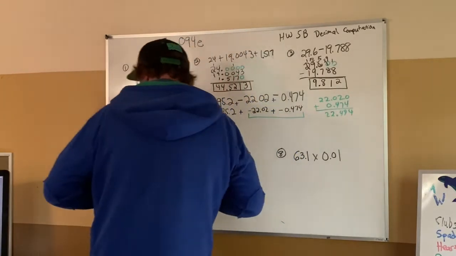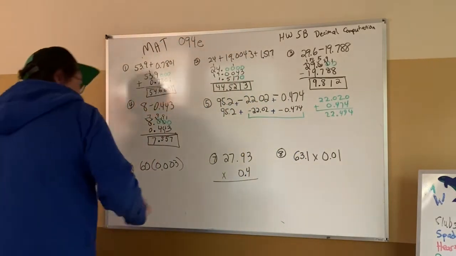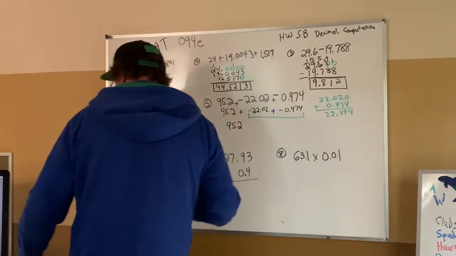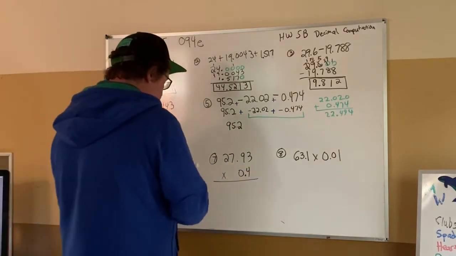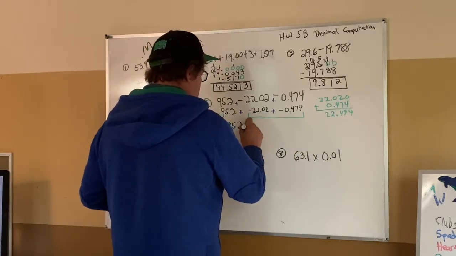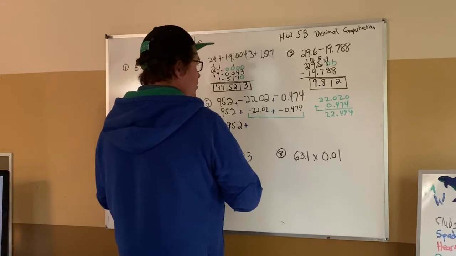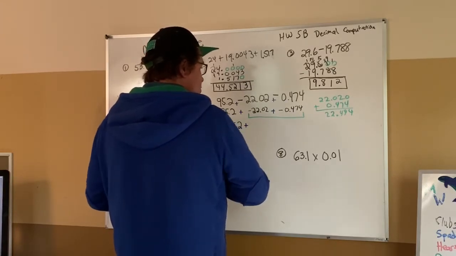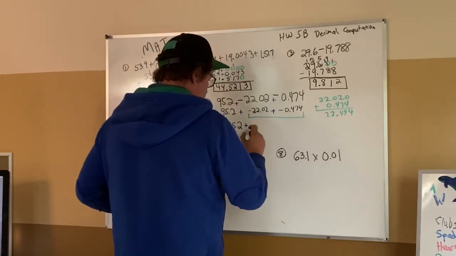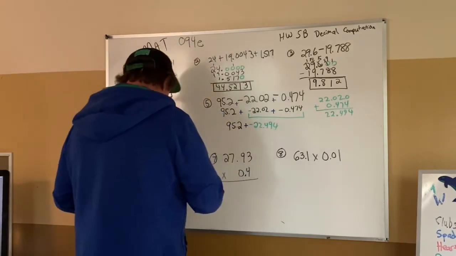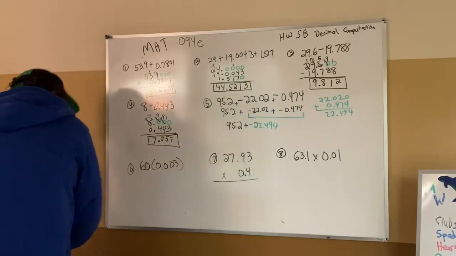This creates a new situation. 95.2 is positive, plus we have a negative value, right? The two negatives added together get me the 22.494. And they're all negative. What does that create? It creates this.